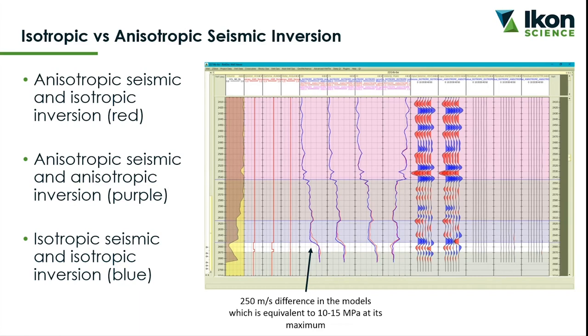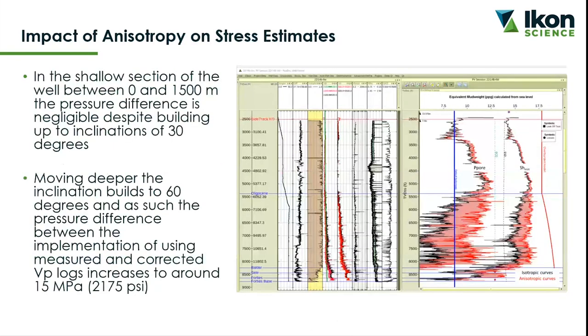So if we've derived properties using an isotropic approach and there's a significant anisotropic component to the seismic, and those properties are then used by others further down the workflow to estimate things like geomechanical properties, wellbore stability, and pore pressure, then there is a significant risk that the predictions will be incorrect and biased because of the inability of the algorithms to deal with the effects of anisotropy in the data.